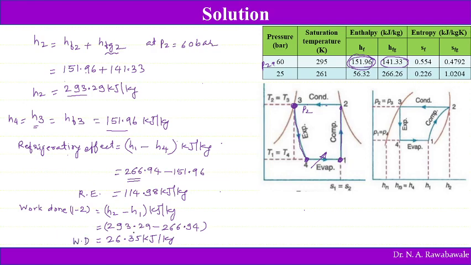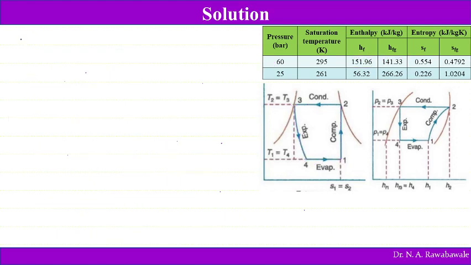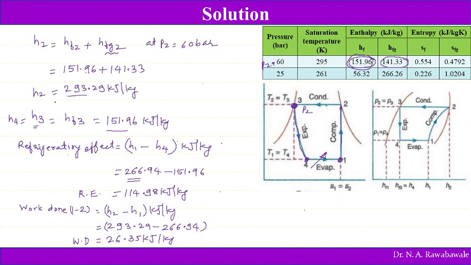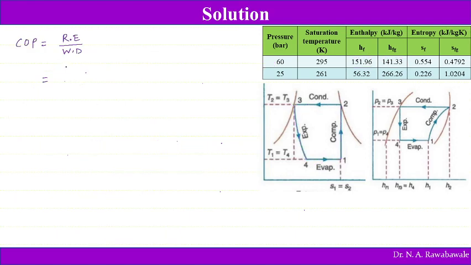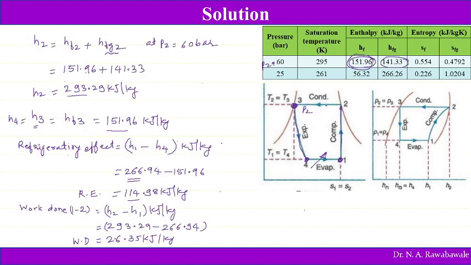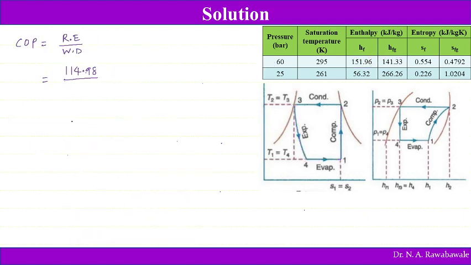So now we know the refrigerating effect as well as the work done. So now we can find the COP of a refrigerator, the coefficient of performance, which is equal to the refrigerating effect divided by the work done. The refrigerating effect which we obtained here is 114.98, divided by the work done that we obtained here, 26.35 kilojoules per kg.